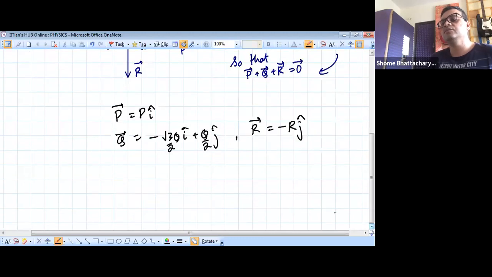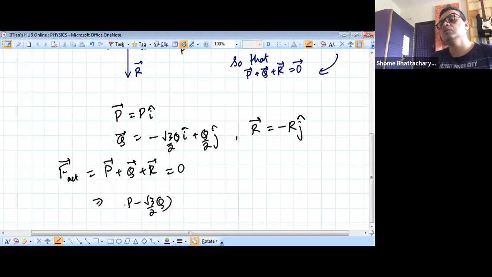So the condition for net force, that is the sum of P plus Q plus R to be 0, implies that P minus root 3 by 2 Q is your net X component, plus Q by 2 minus R is your net Y component. So this should be equal to 0.